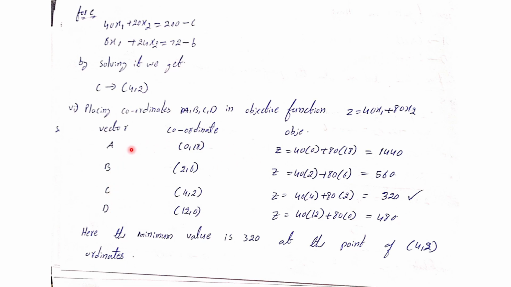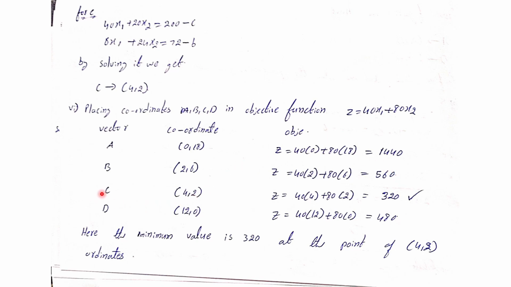By placing these four coordinates in the objective function, you can find the minimum value as shown in the figure. For coordinate A, that is 0 and 18, take 0 and 18 in place of x1 and x2. Then the value we get is 1440. For B, coordinates 2 and 6, place them in x1 and x2. Then we get the value 560.